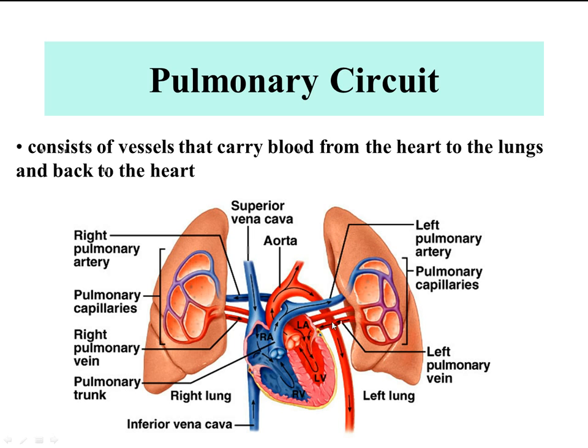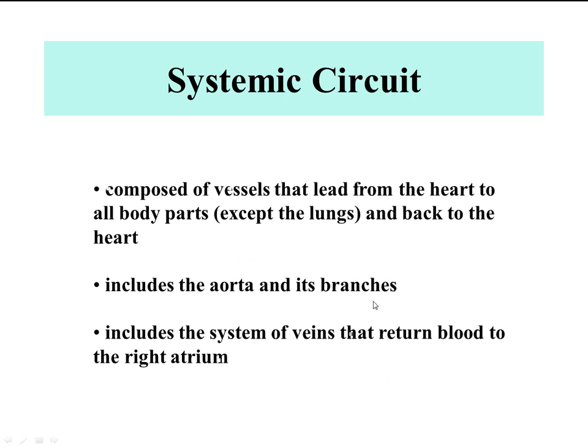The veins go back to the heart, to the left atrium, to the left ventricle, through the aortic valve to the aorta, the ascending aorta and the descending aorta, the aortic arch. But between the heart and the lungs is called the pulmonary circuit.